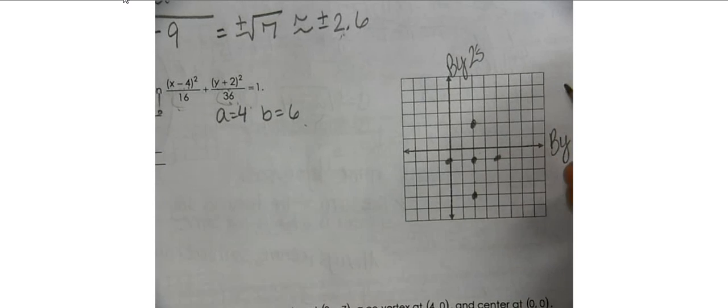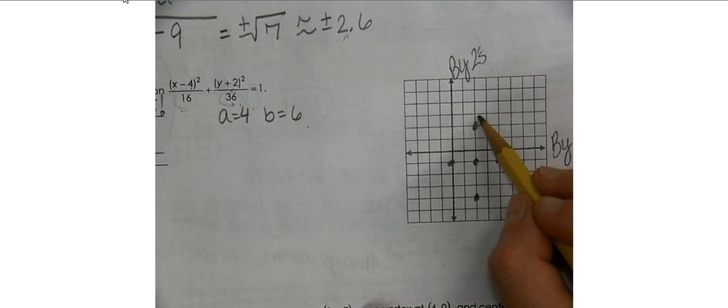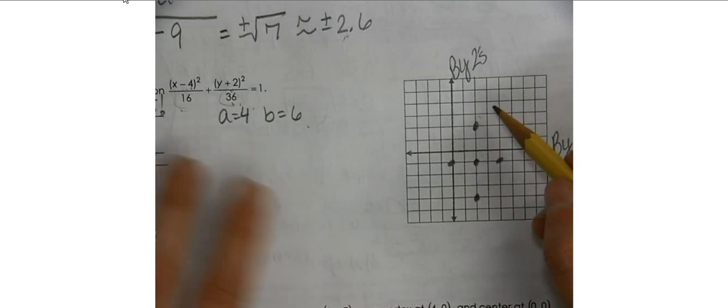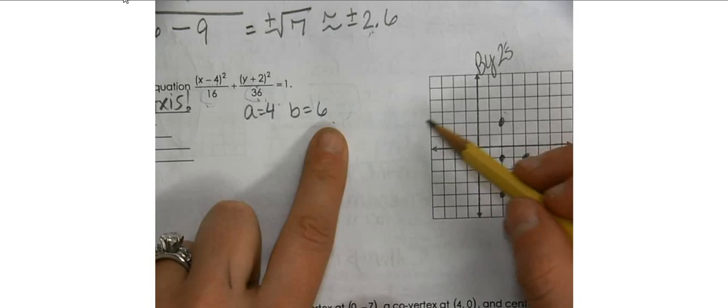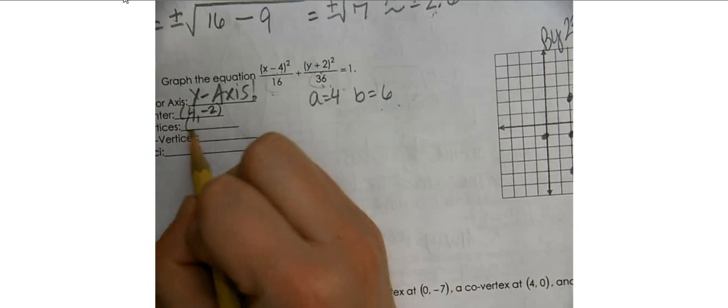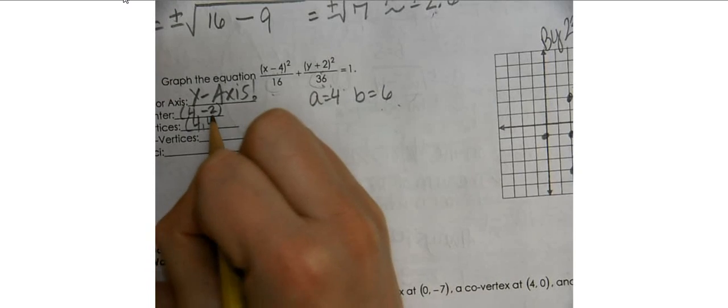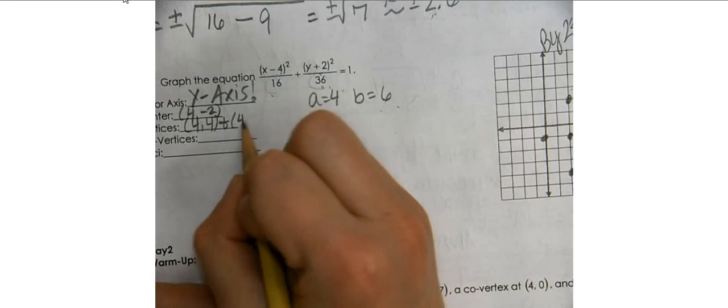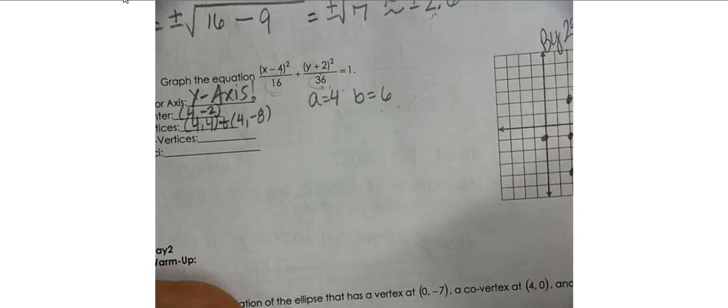And there's a shortcut and a long way. A long way is to actually count. The short way is just to say, okay, 6 corresponded with y, negative 2 plus 6 is equal to 4, so 4, 4. And negative 2 minus 6 is negative 8, so 4, negative 8.